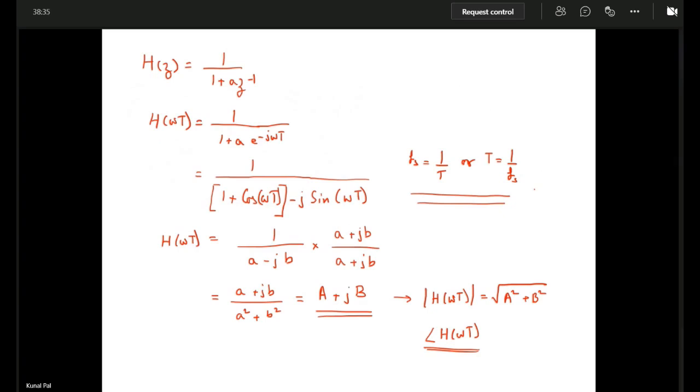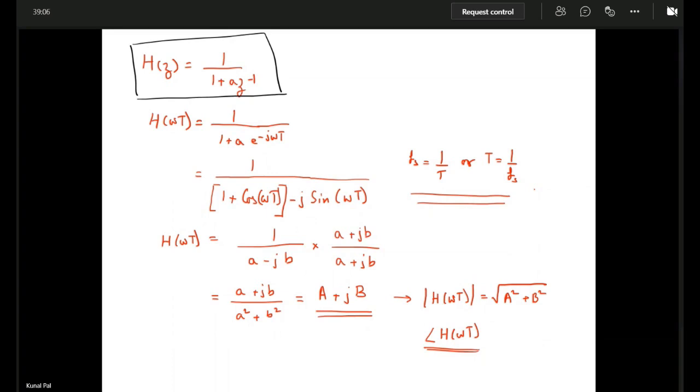Suppose now we have a transfer function, something like this. It is a generalized transfer function and it is having a single pole, 1 by 1 plus a z inverse. Now suppose I ask you to find out the amplitude response and the phase response of the filter.